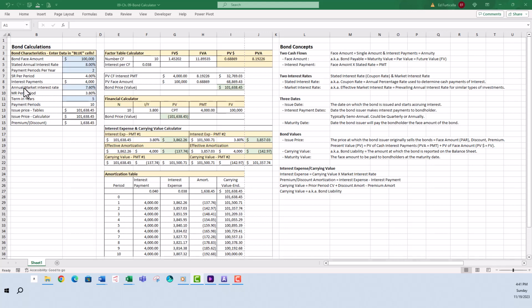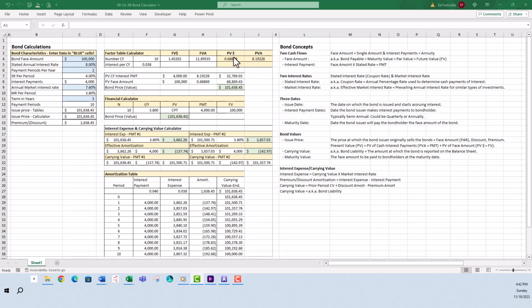Now the factor tables, as we have studied, have factors for future value of a dollar, the future value of an annuity, the present value of a dollar, and the present value of an annuity. When calculating bond values, we have two cash flows.